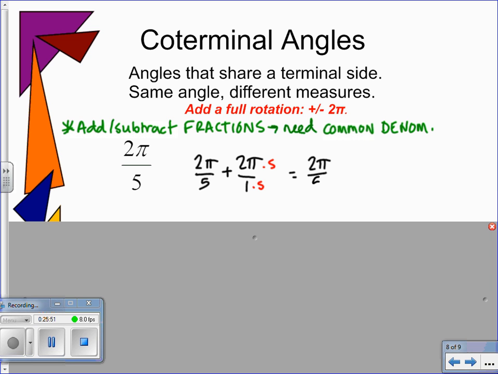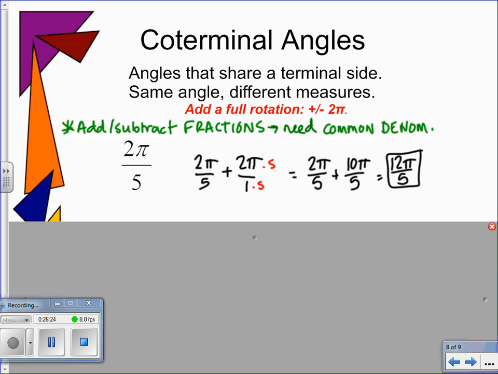And I'm really saying, let's take 2 pi over 5 and add 10 pi over 5. That's the same as adding 2 pi. And now I can add across in my numerator for 12 pi, and I can keep my denominator 5. That's one positive coterminal angle.